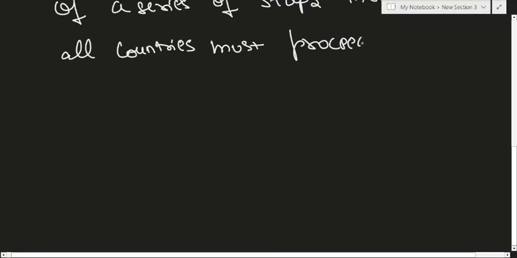So Rostow is saying that all economies, at some point of their economic growth, have to pass through certain stages.